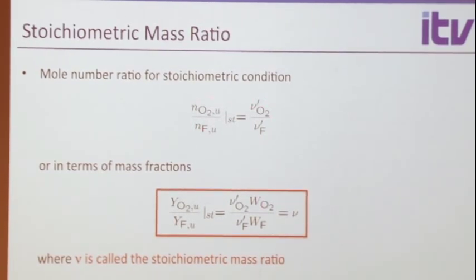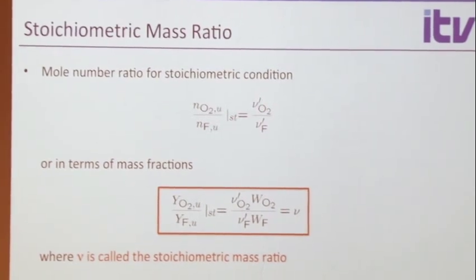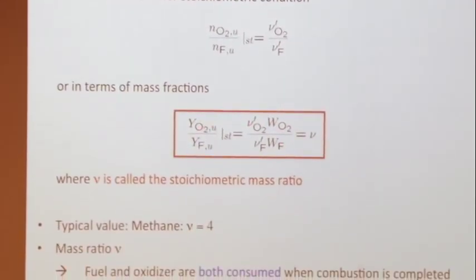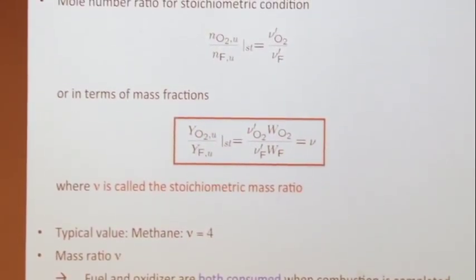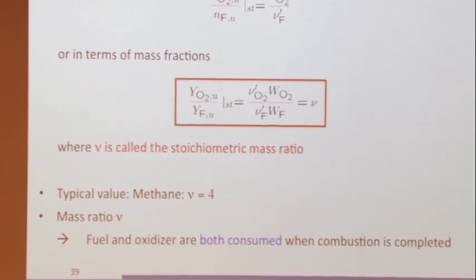That's the same. You can get these ratios always from the global reaction. And now I can write this in terms of mass also by just multiplying by the molecular weights. And then we get what we call the stoichiometric mass ratio. That's an important quantity also.